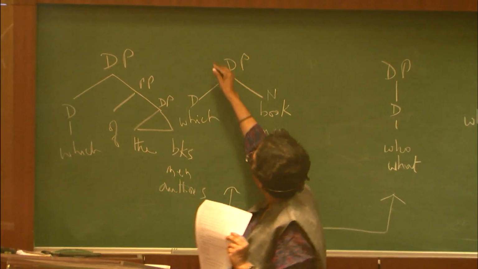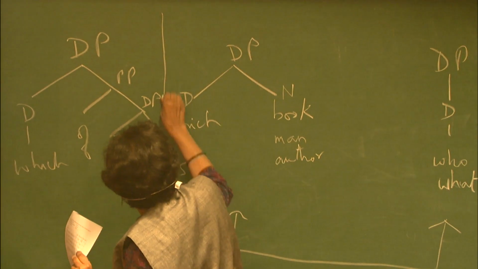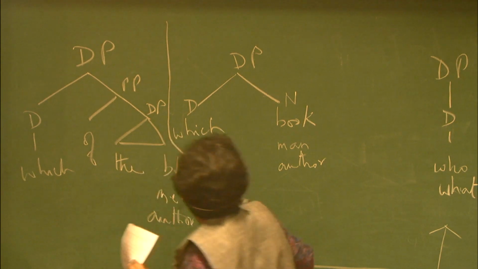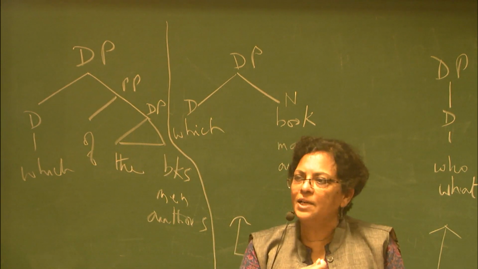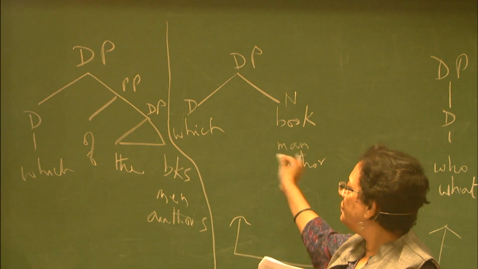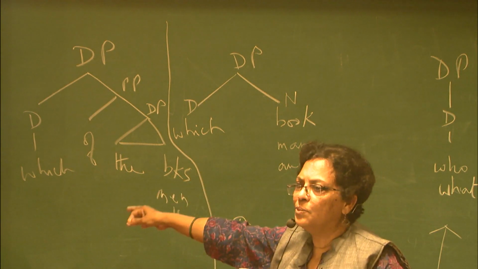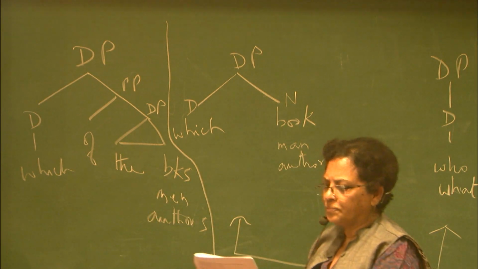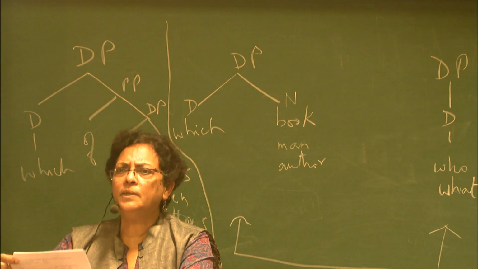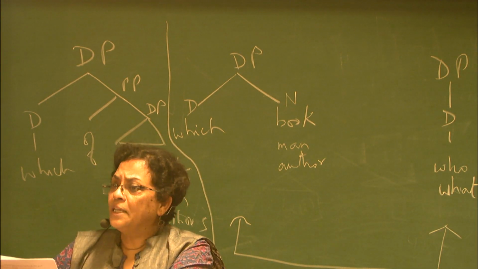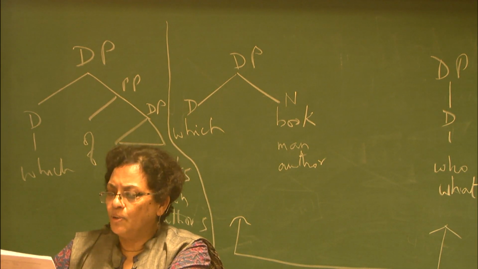So I'm looking at this structure because basically what we started out with is the view that this is definite just the way this is definite. Okay? Alright, it's actually quite simple to show that they are not the same.